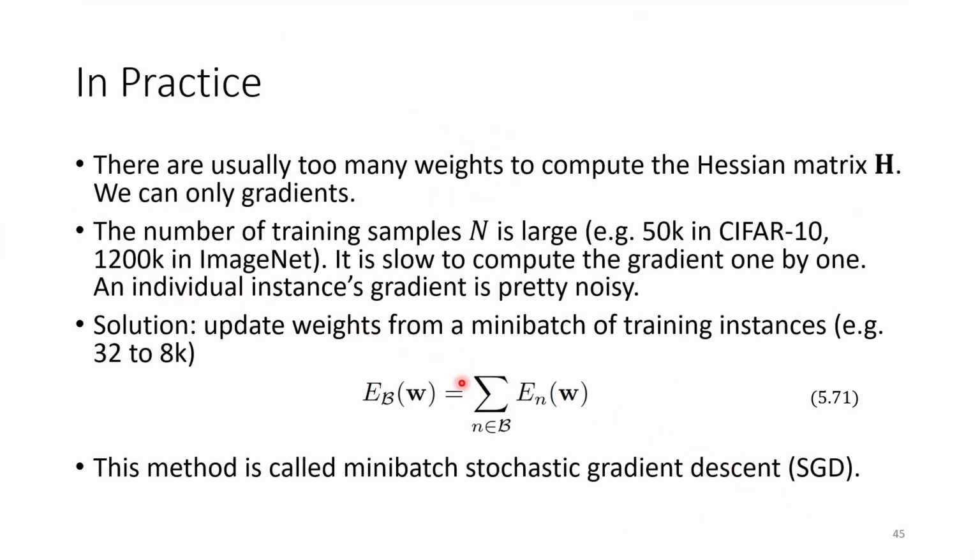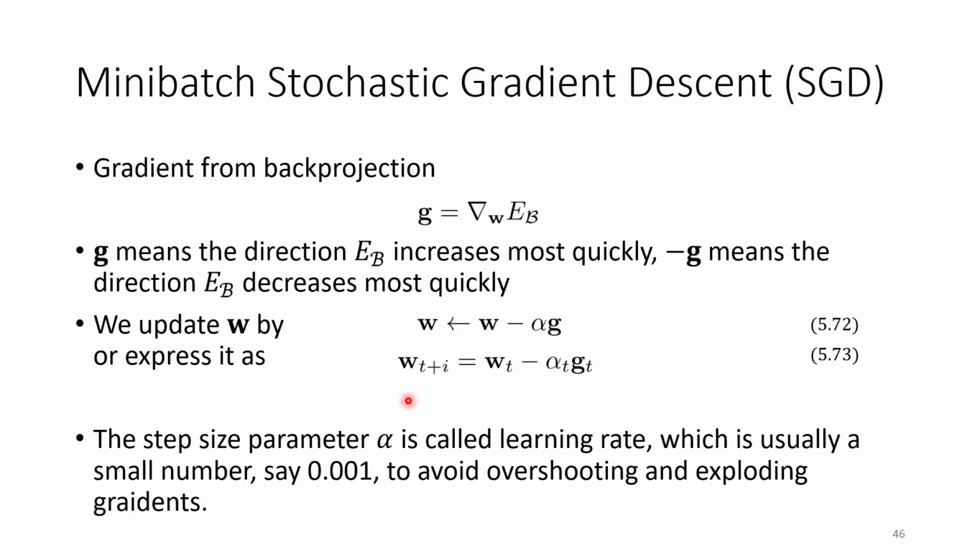No matter how, from the batch we calculate the gradient, and we just update our weight. What's the meaning of the gradient? It's the direction in which the error will increase most quickly. Therefore, when we update our weight, we go in the inverse direction, the negative gradient.